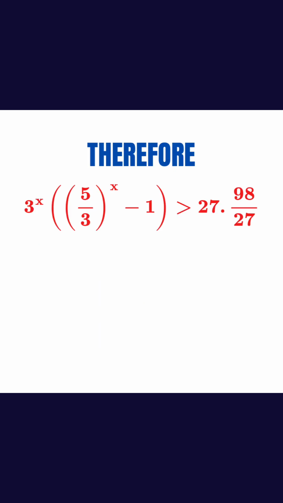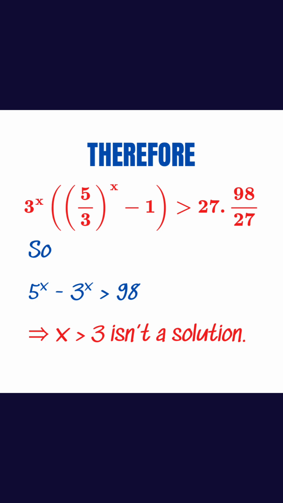Therefore, 3 to the power x times the quantity 5 divided by 3 raised to the power x minus 1 is greater than 27 times 98 divided by 27. So, 5 to the power x minus 3 to the power x is greater than 98. Therefore, x greater than 3 is not a solution.